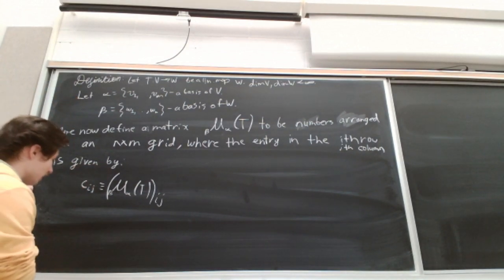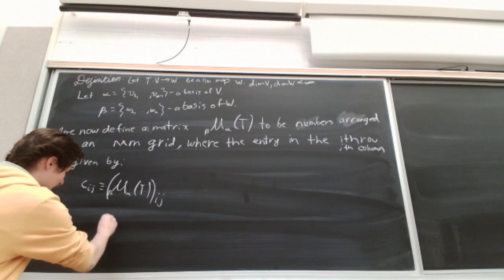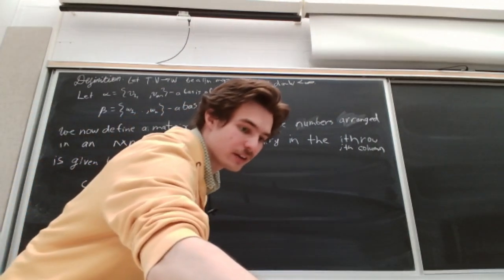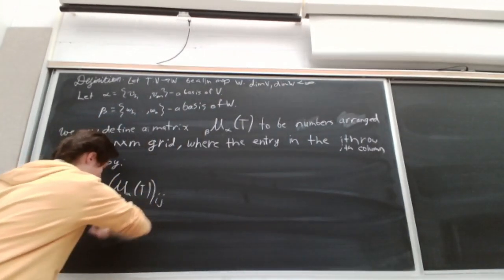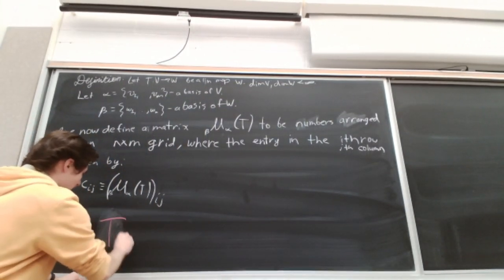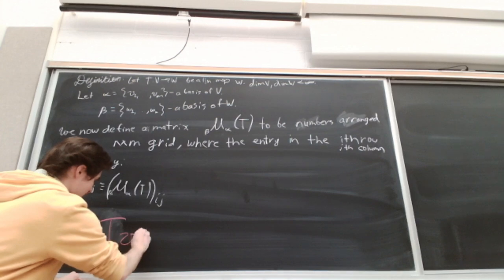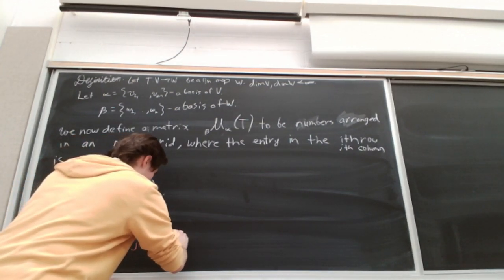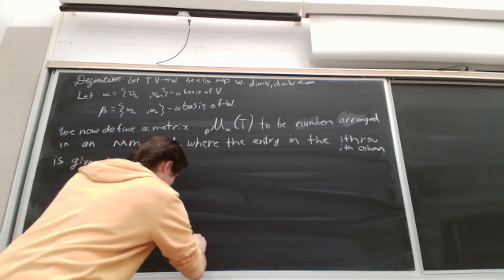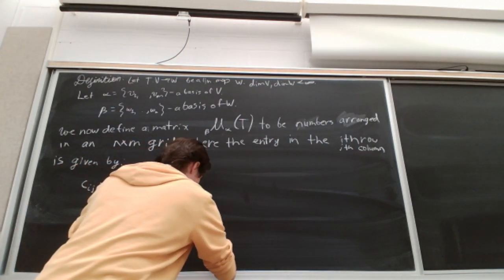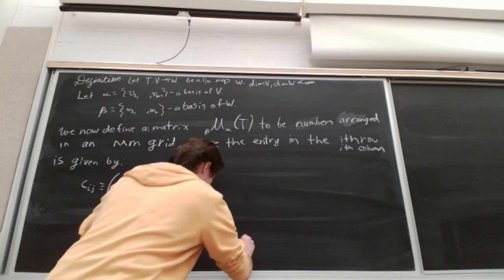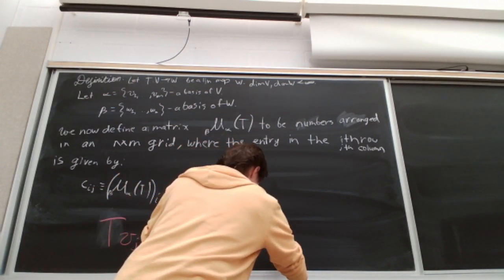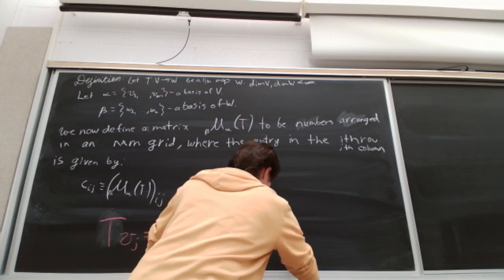Where it is given by T of, let's actually write this in red or something because this is important. T of vj is equal to C1j w1 plus dot dot dot plus Cij wi plus dot dot dot plus Cnj wn.